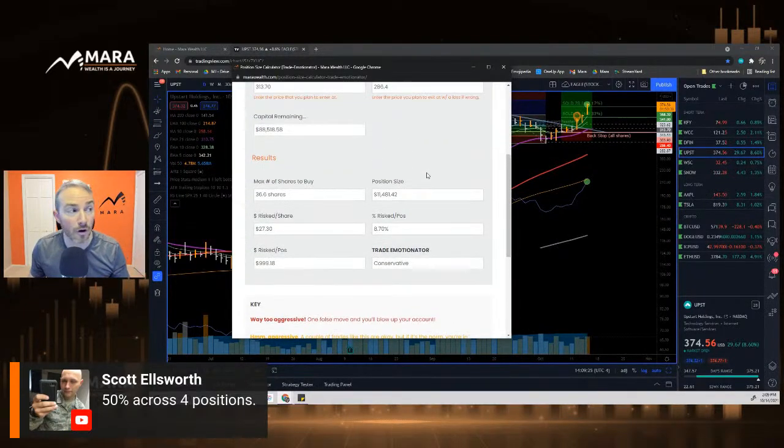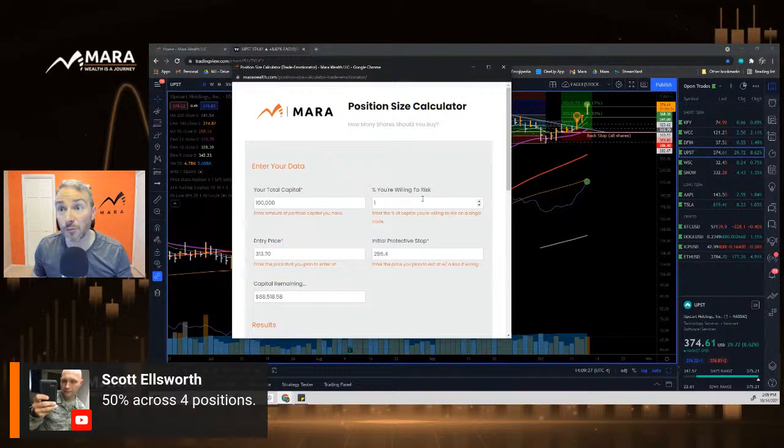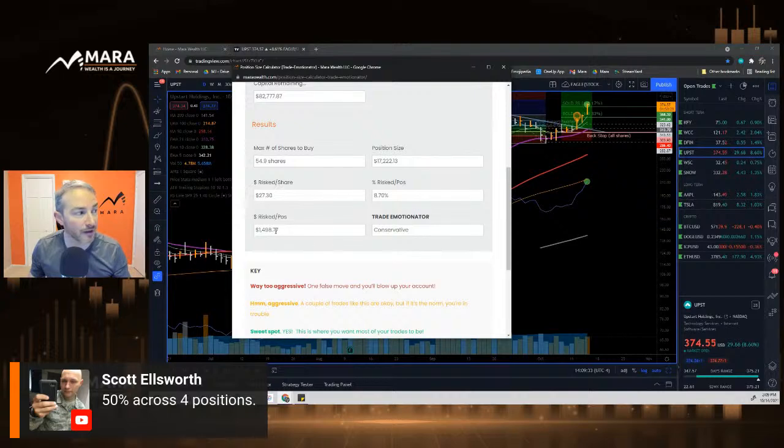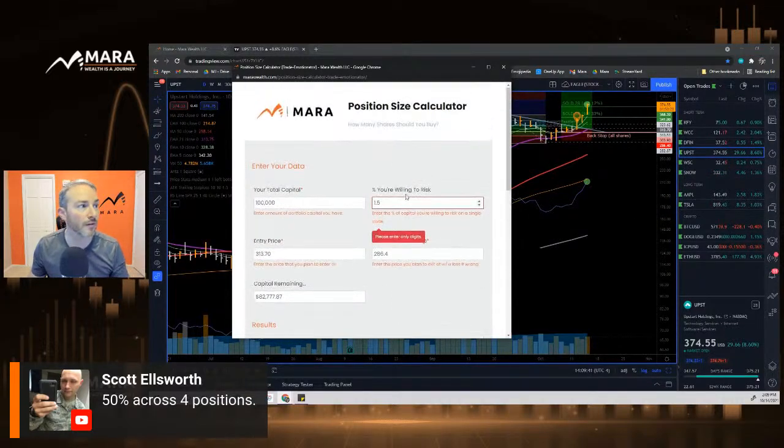So let's say the market's improving and you want to bump it up to 1.5%. Now it's telling you you're risking 1,500, and it adjusts how many shares to buy, your position size, all these numbers.